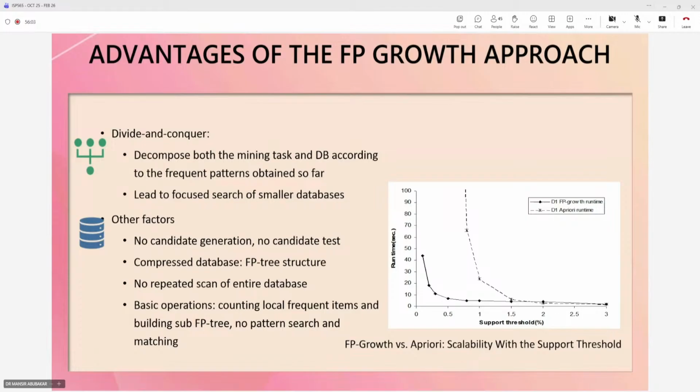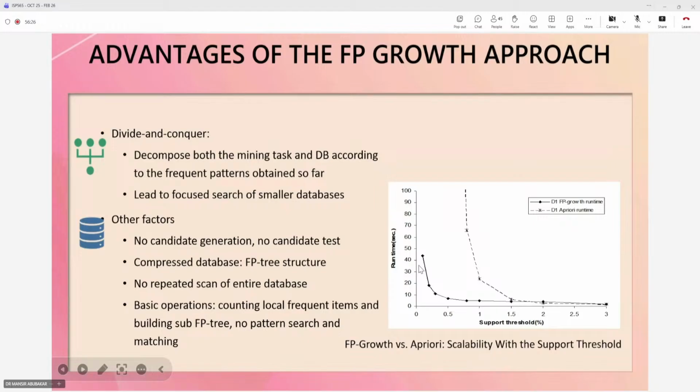So the basic operations are counting local frequent items and building the frequent pattern tree, with no pattern search and no matching. We don't need to be matching the similarity of the different databases. So you can see some performance in terms of scalability with a support threshold.